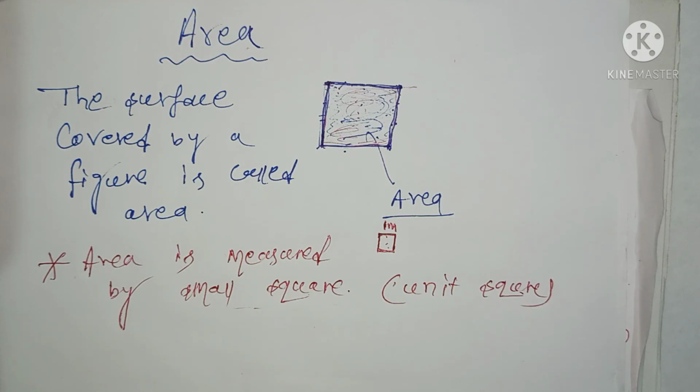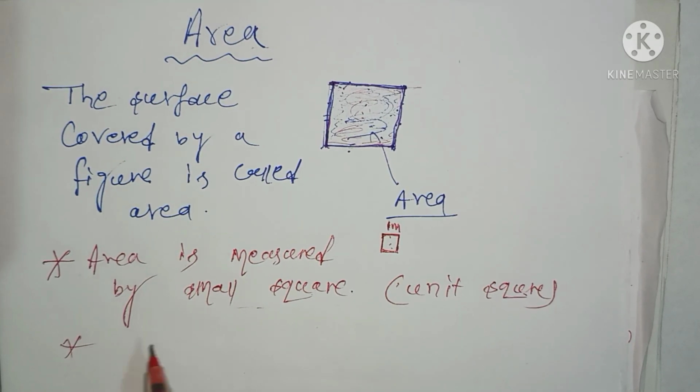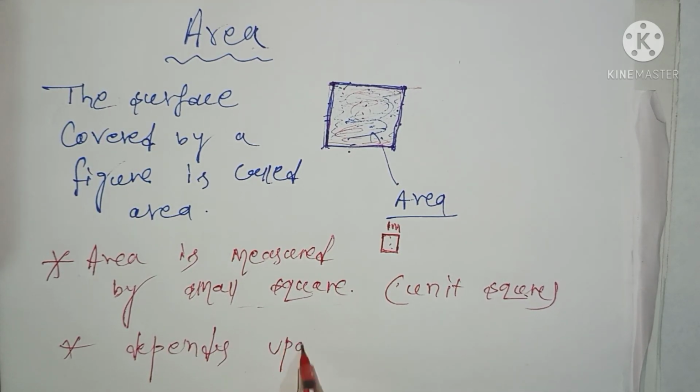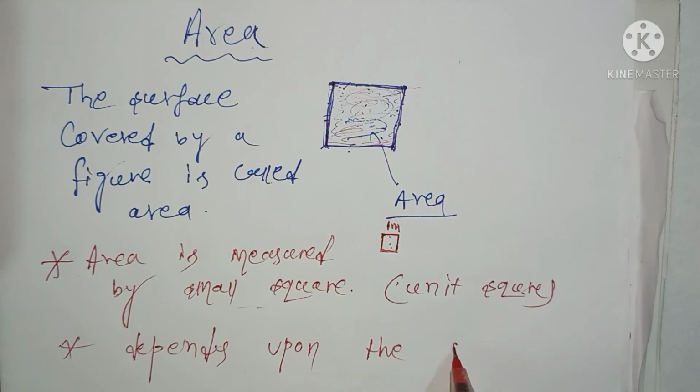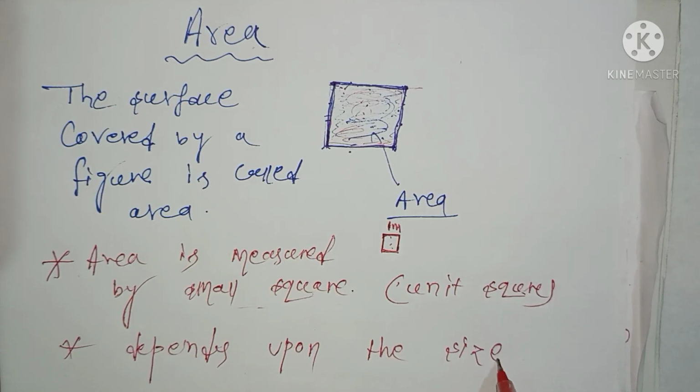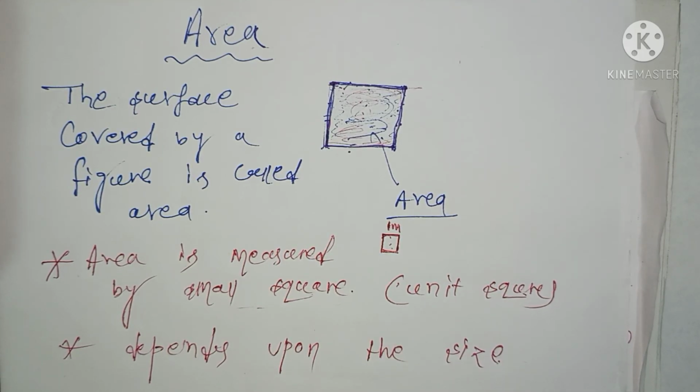If we want to measure a very small area, then we can take a very small unit, 1 meter, or also 1 centimeter. So it depends upon the size. Is it clear? According to the size we take a greater unit or a smaller unit.